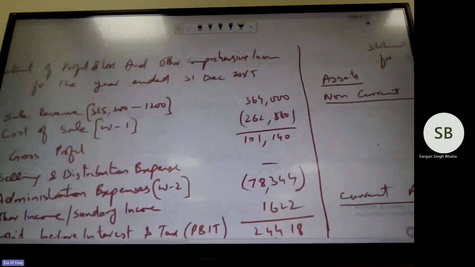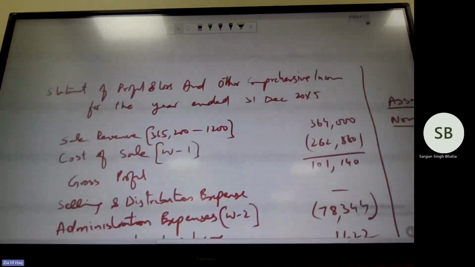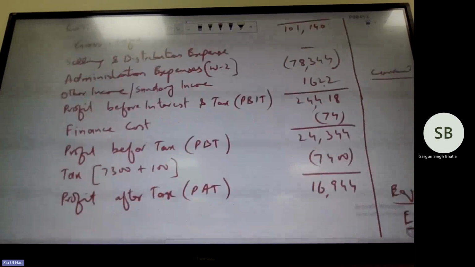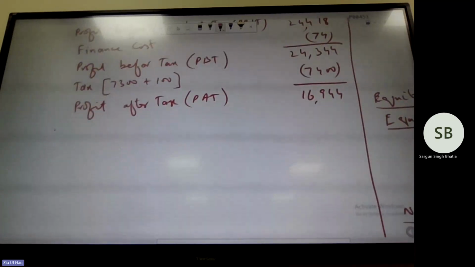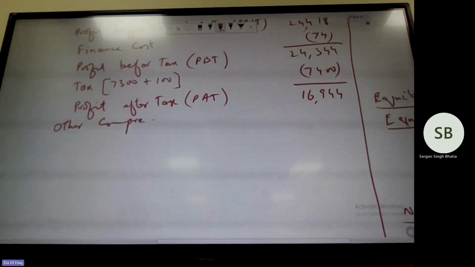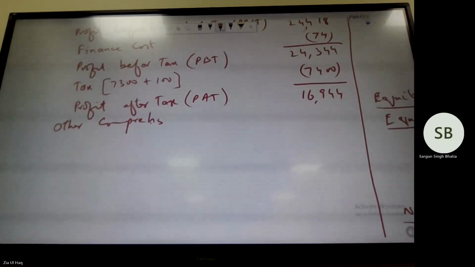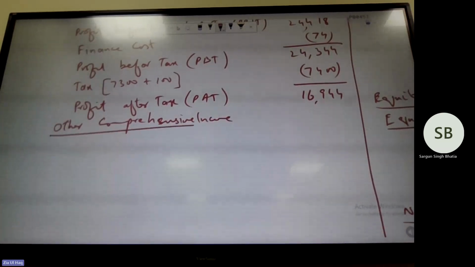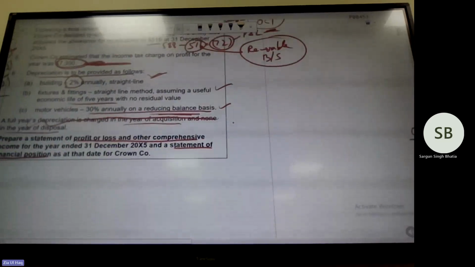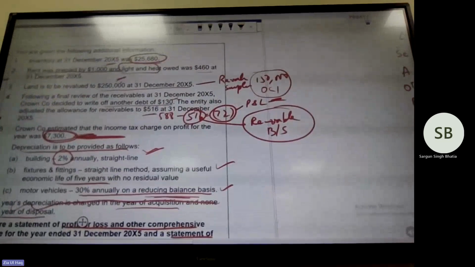But we are not only preparing profit and loss, we are preparing other comprehensive income as well. So we need to put a heading other comprehensive income. And there was a revaluation of land with 150,000.